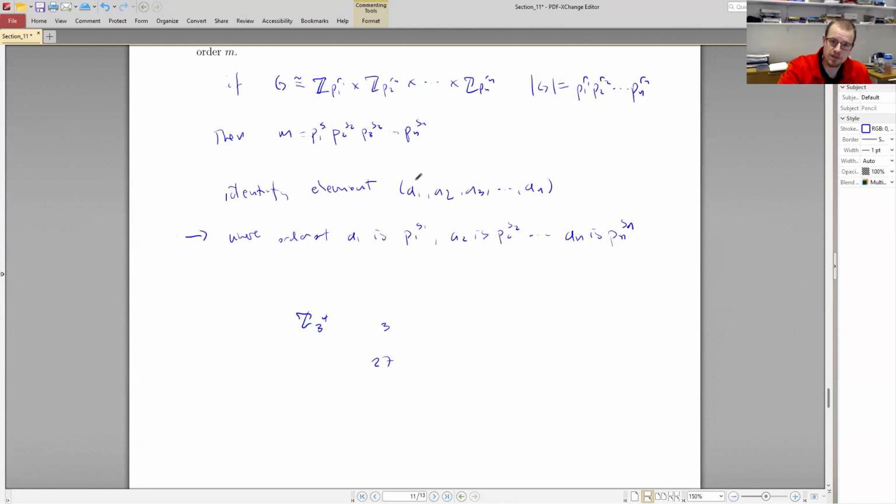So then you choose that to be A1, and you do that for each of them. Once you do that, the order of this is going to be the least common multiple, which is going to be exactly this, as long as all of your p's are distinct. That will certainly be true. So then it's just a question of when they're non-distinct.